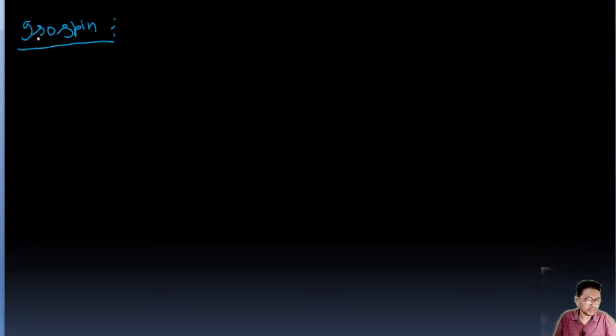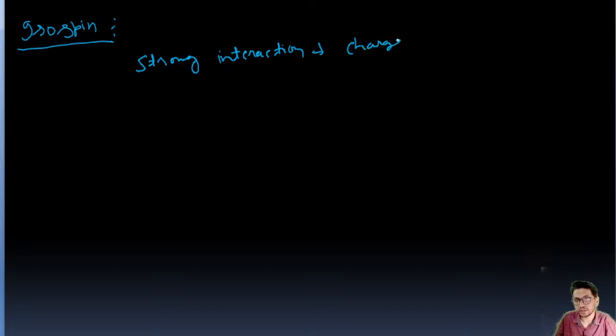Isospin, we will discuss. Strong interaction means charge independent, right? I have already explained.